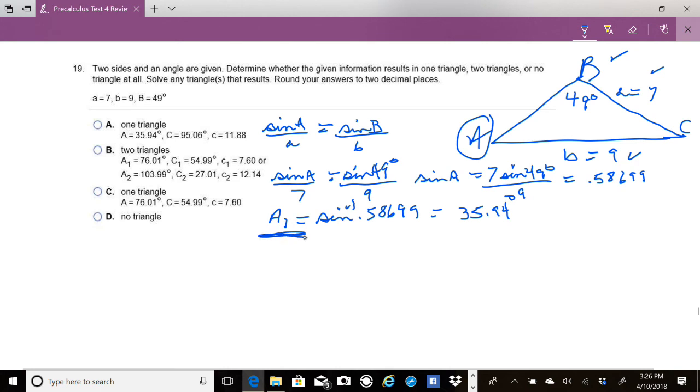So that's A1. And now we need to figure out whether there is another angle whose sine is also 0.58699.